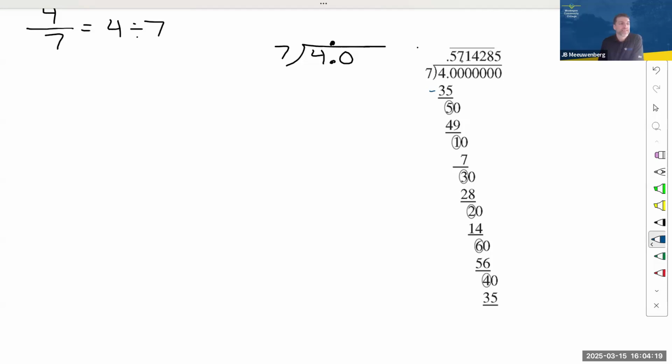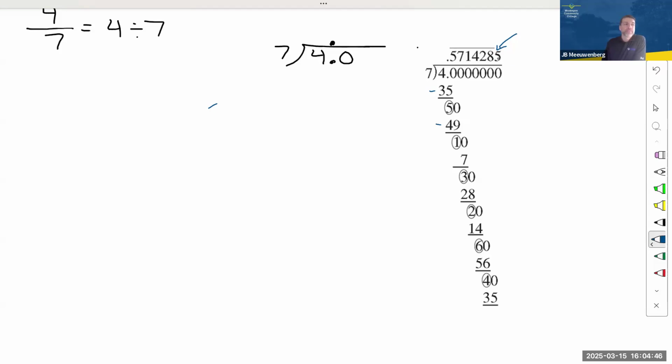Now it's 50. 7 goes into 50 7 times. Subtract the 49, you get 1, bring down the next 0, etc. And what you end up with here is 0.571428. And then all of a sudden, we get a 5, the second time that we've seen a 5 in this string.